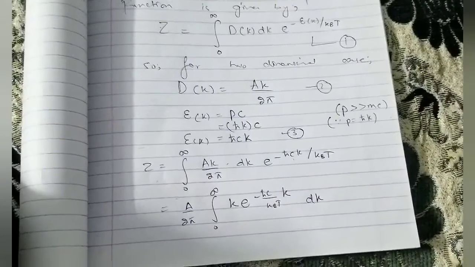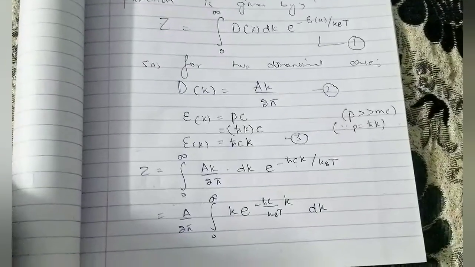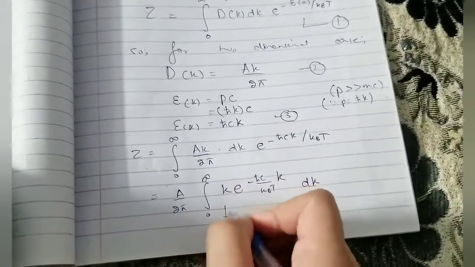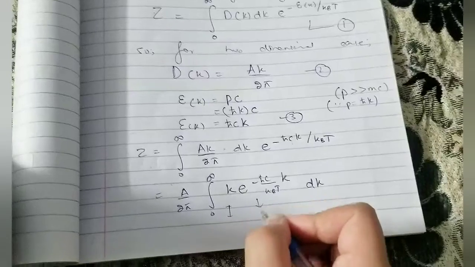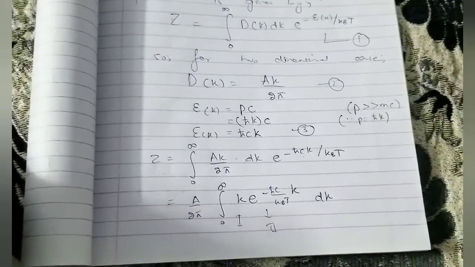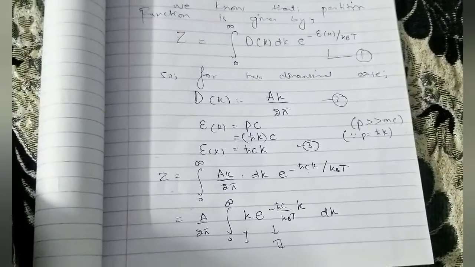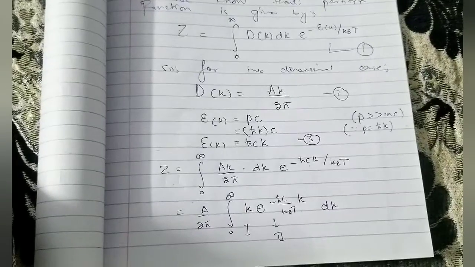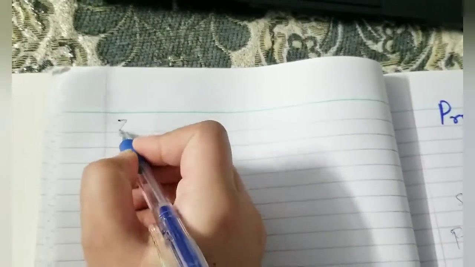This integration is super easy. We use the integration by parts method, in which k will be taken as the first quantity and this exponential will be taken as the second quantity. I hope you know how to do integration by parts.